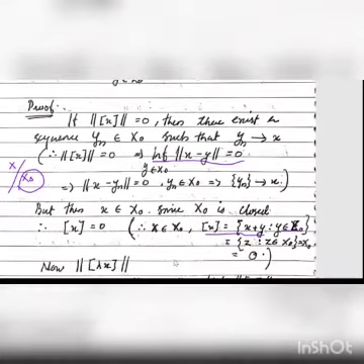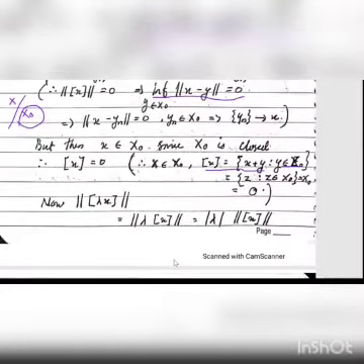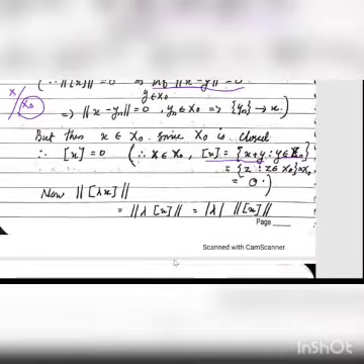Now for the norm's second condition, we'll say the homogeneity condition. That is, we want to prove that norm of lambda x is equal to mod lambda into norm x. Let us see how we can get that. Now, norm of lambda x is equal to norm of lambda into x plus x naught, that's equal to the infimum of norm of lambda x plus y such that y belongs to x naught.